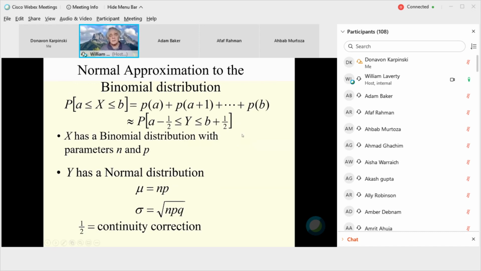X has a binomial distribution with parameters n and p. Y has a normal distribution with the same mean and standard deviation as X. The half is called the continuity correction, because we're approximating a discrete distribution with area under a continuous distribution.